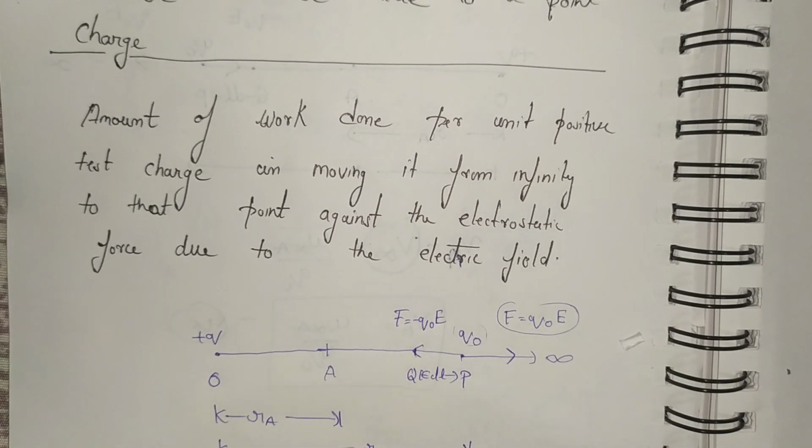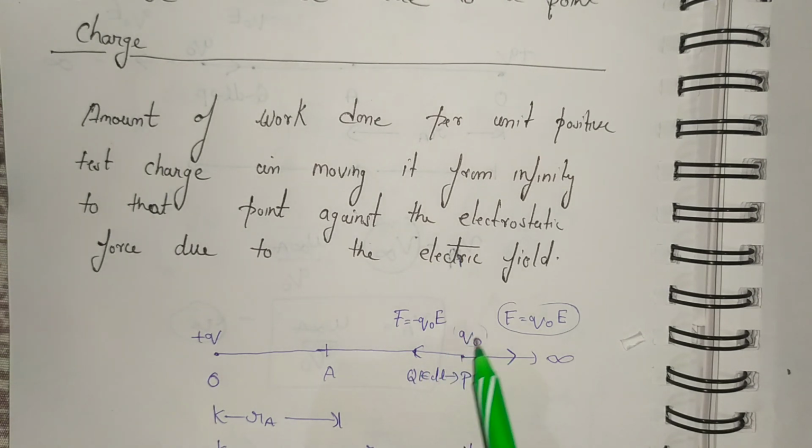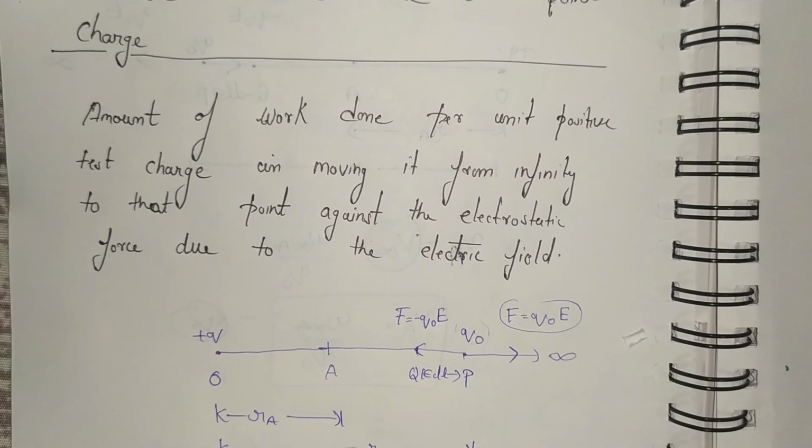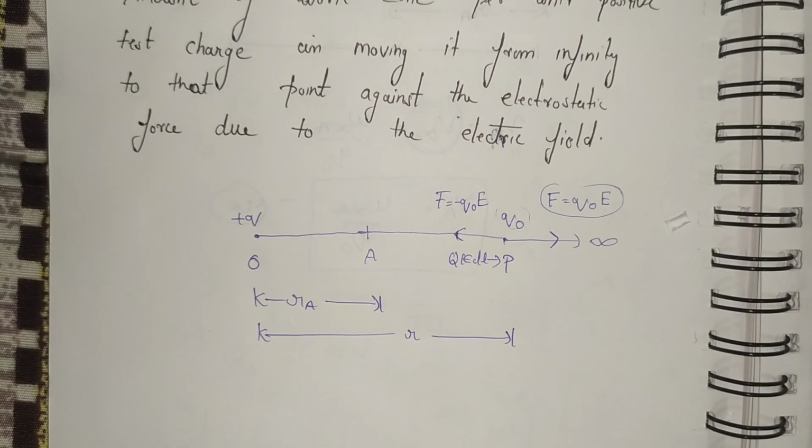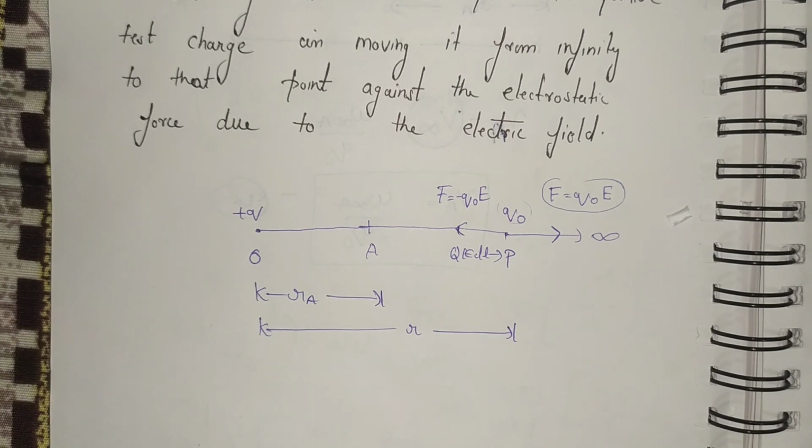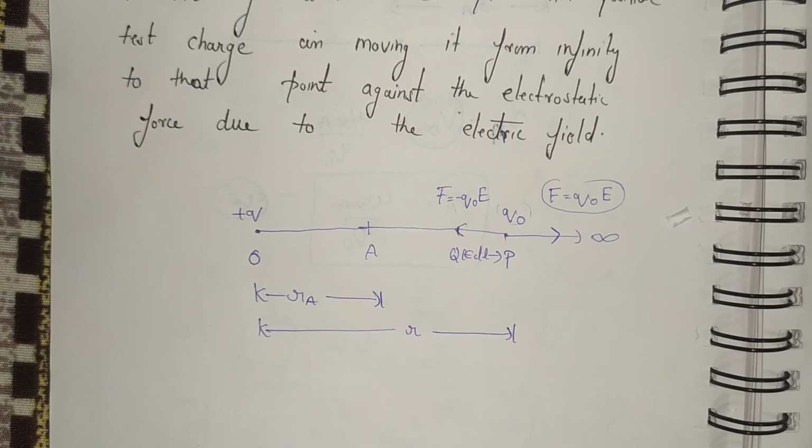Okay, now we have to find the work done in bringing this q naught charge to the point plus q. Now we are solving the equation for this derivation. First of all, I will tell you what the potential is here.